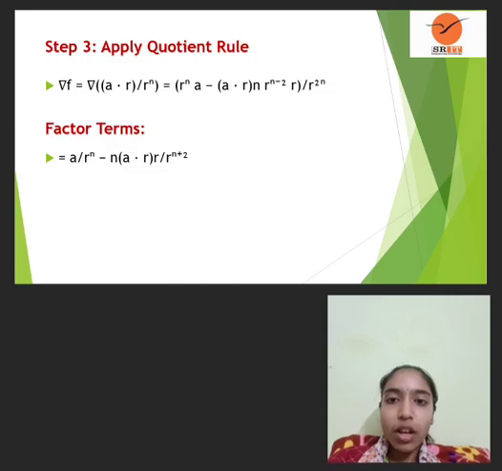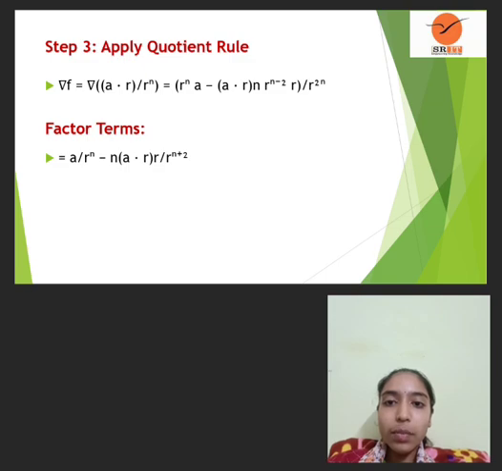Step 3. Apply the quotient rule, that is del f equals del of (a·r)/r^n equals (r^n a minus (a·r) n r^(n-2) r) by r^(2n).